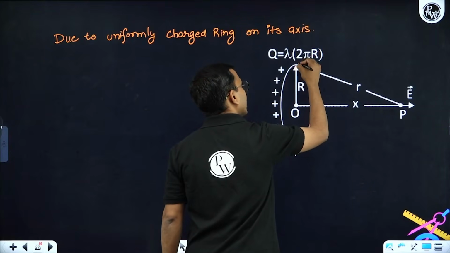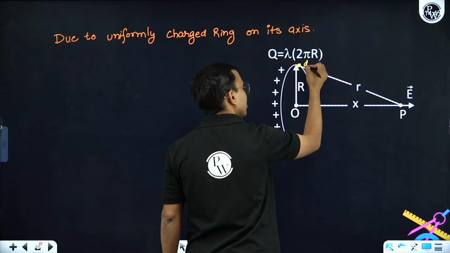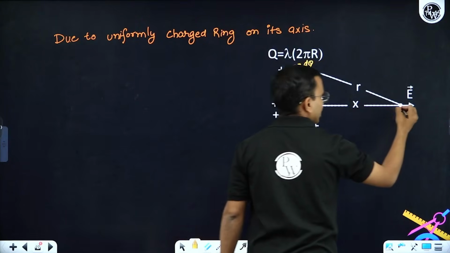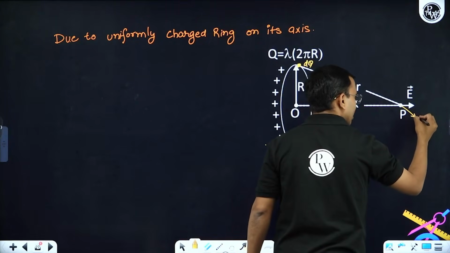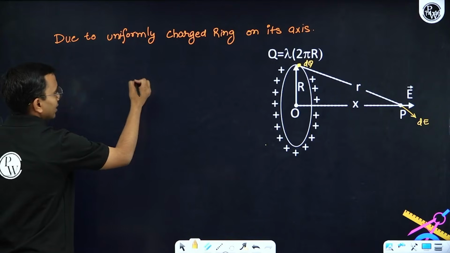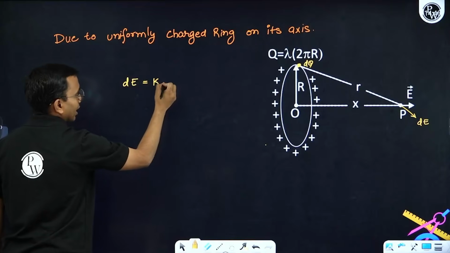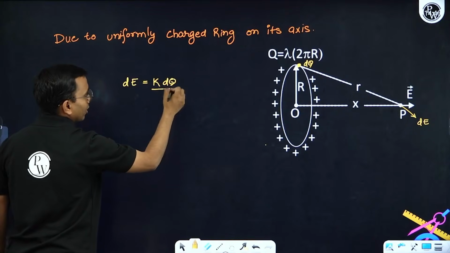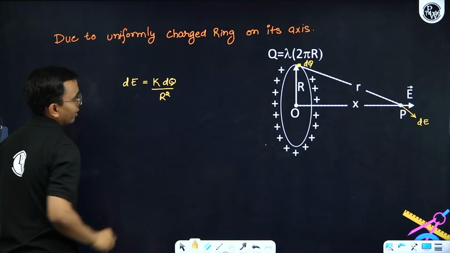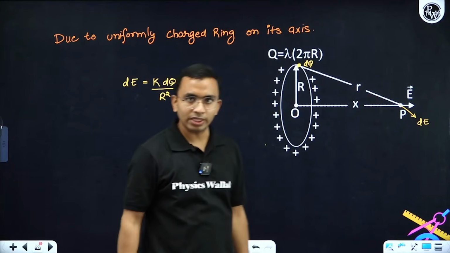I'm taking one point here, that has a charge dq. Due to this, the electric field dE in this direction is k dq by r square. I have to integrate it to find the total electric field.